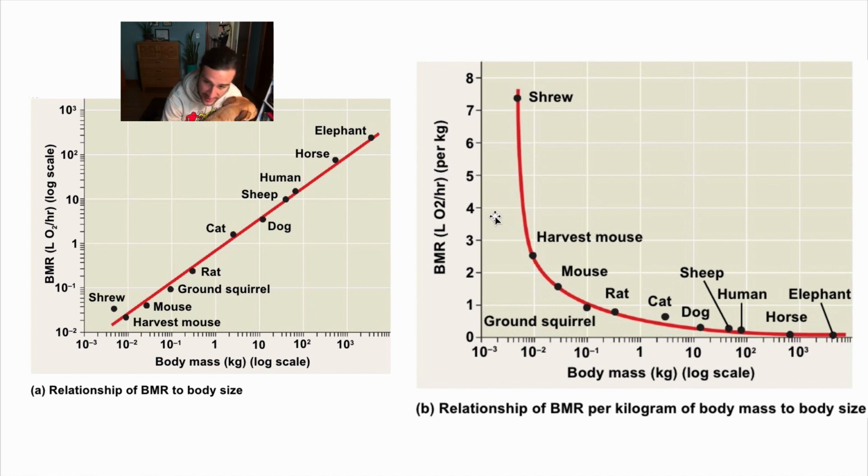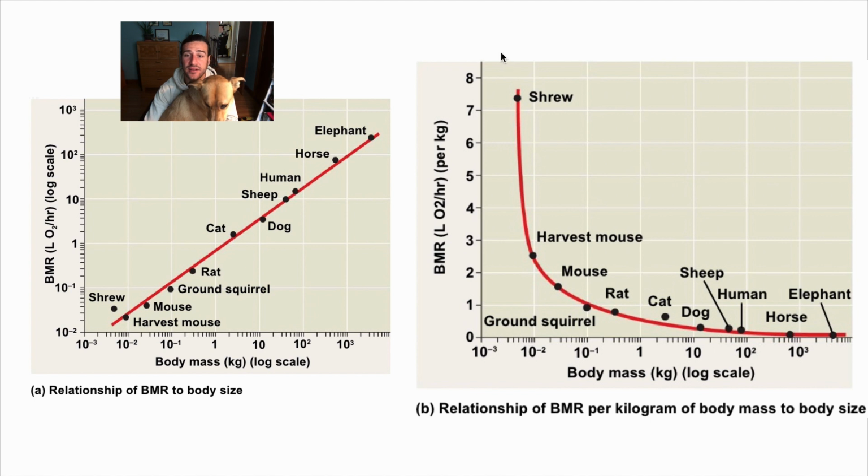Rocko wants to come up here. All right. So Rocko is down here. He is like a small to medium-sized mammal, and he has a much lower metabolic rate per kilogram than a tiny shrew.